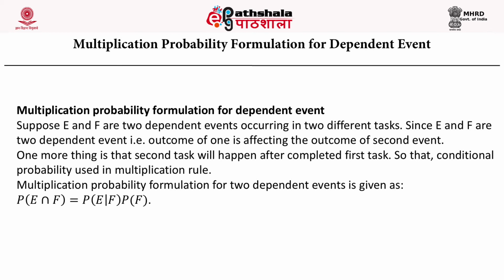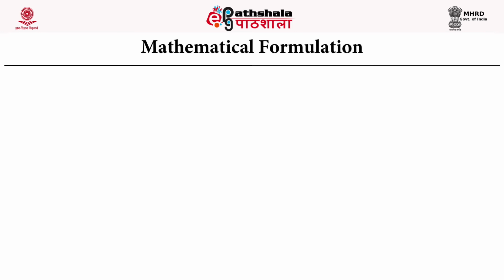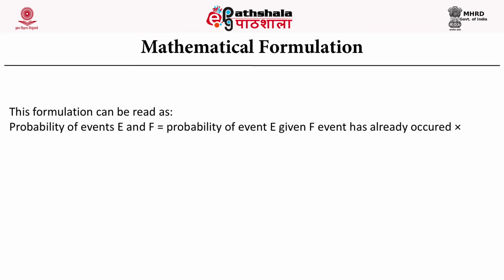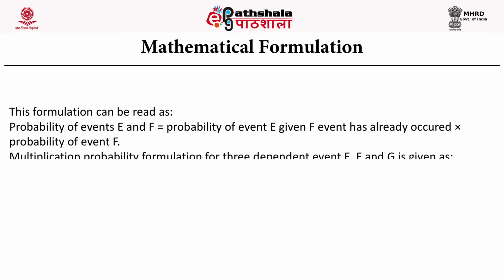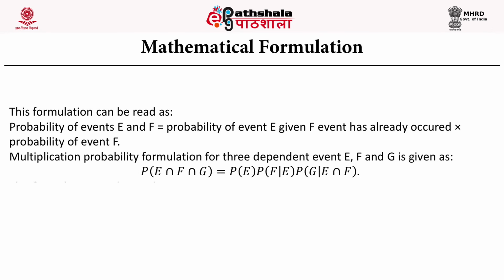The formulation for two dependent events is given as probability of E intersection F is equal to probability of E given F into probability of F. It can be read as probability of events E and F is equal to probability of event E given that event F has already occurred, into probability of event F.